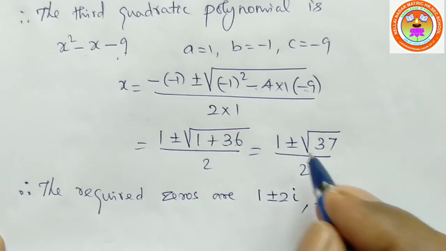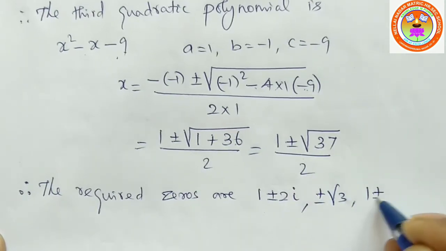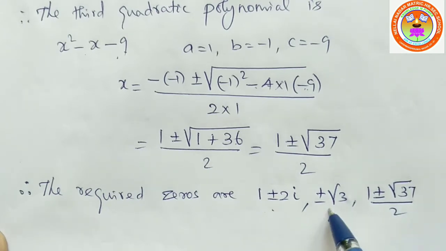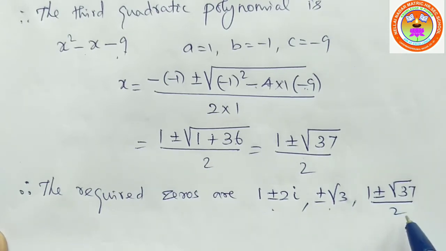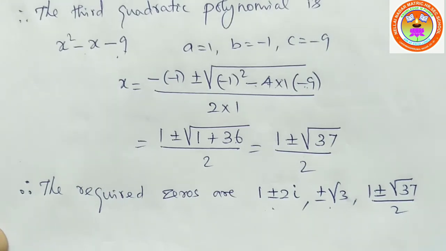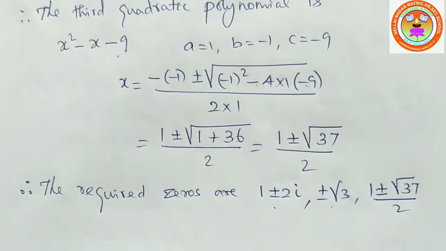Similarly, here we have 2, that is 1 plus or minus root 37 by 2. So here 2, here 2, here 2, total 6. The given polynomial is of degree 6, so we got all the 6 zeros. Is it clear? Okay. Now we can move on to the next question.